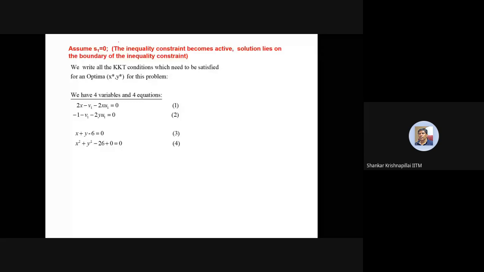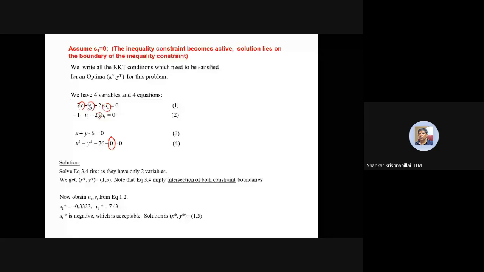Then from these 4 equations, you can find the values of x, y, then nu1 and u1. So let us check what the values are.